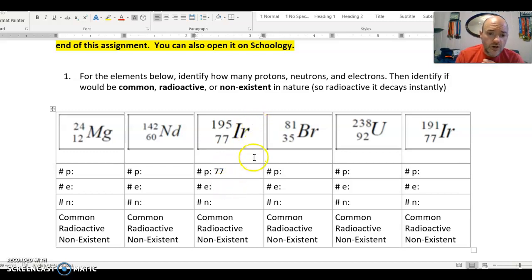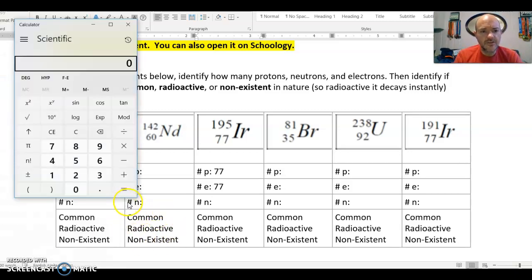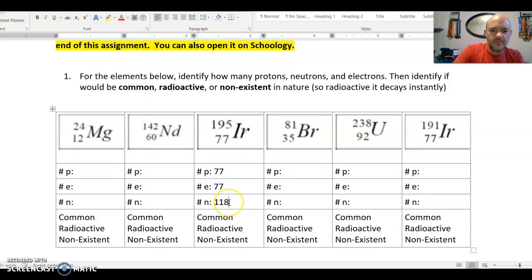There's no charge number up here, so it has the same number of protons and electrons. And then for my mass number, I'm going to use a calculator to figure this out so I don't have to think about it too much. I know my mass number is 195. I'm trying to find my number of neutrons. I know out of that 195, 77 of them are protons. So that means 118 of them would be neutrons.